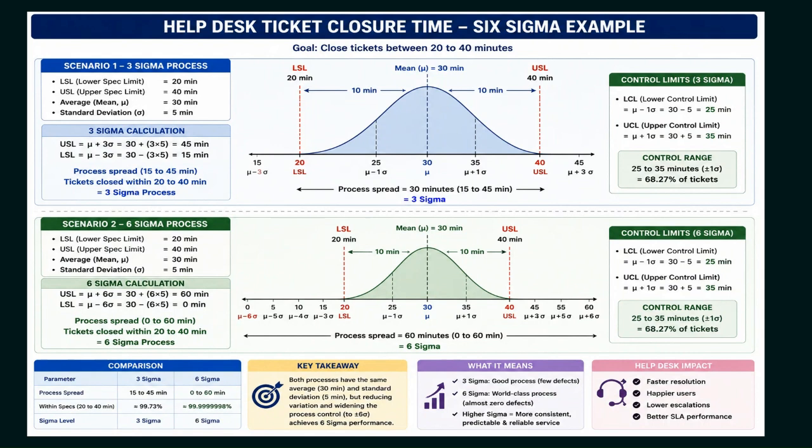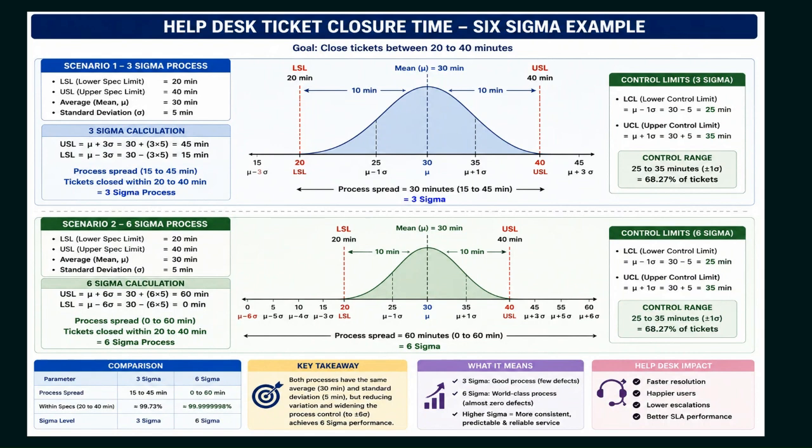So I make a process with a lower specification limit of 20 and an upper specification limit of 40, and the process spread is between 20 minutes and 40 minutes.